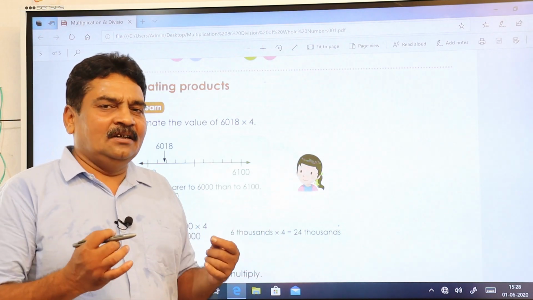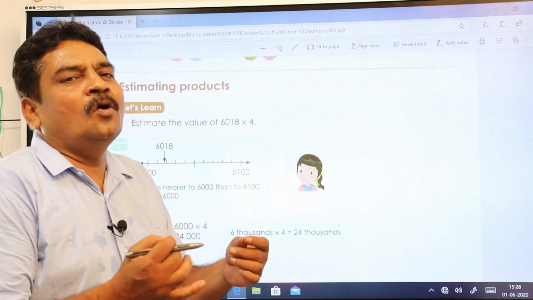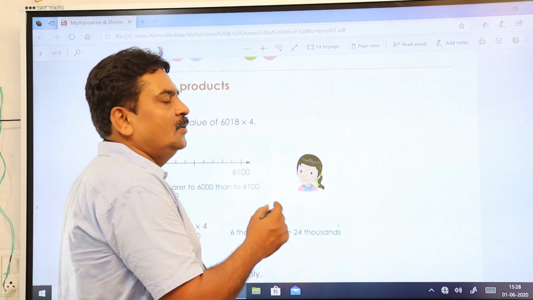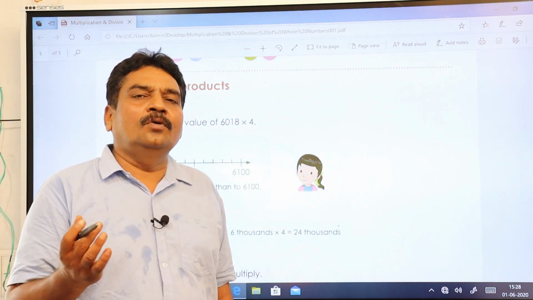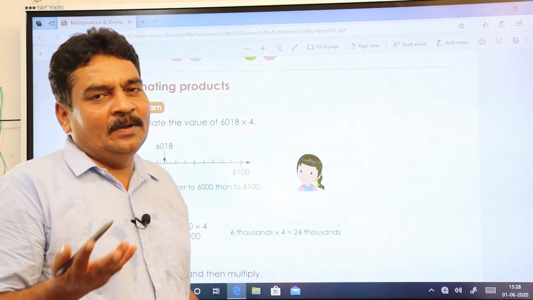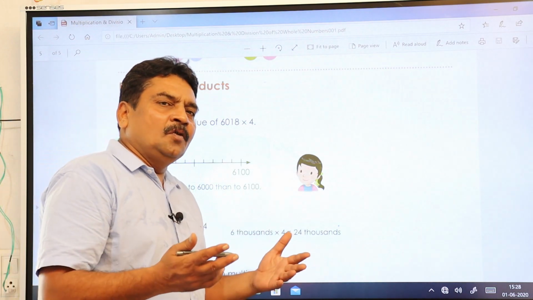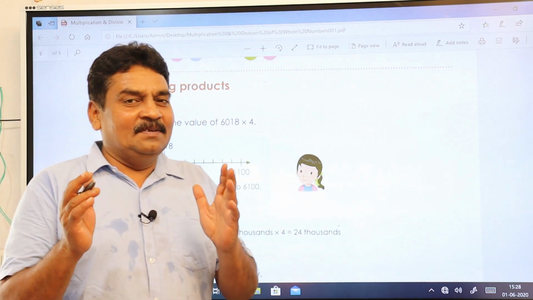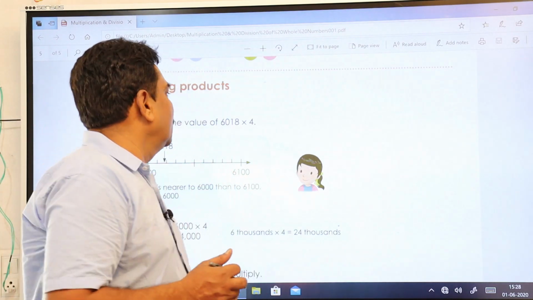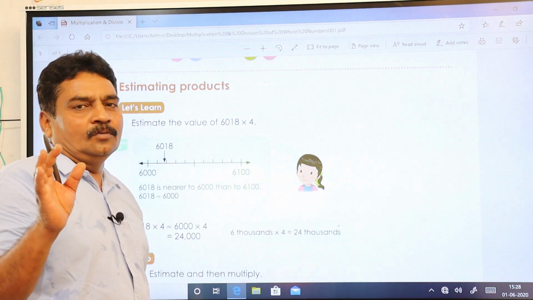So she always estimates to the nearest round figure. Instead of giving the accurate amount, because she doesn't know, maybe 46, maybe 47, maybe 45, maybe 49, she gives you 50 rupees and asks you to go and get 1 kg of sugar. That is called estimation.